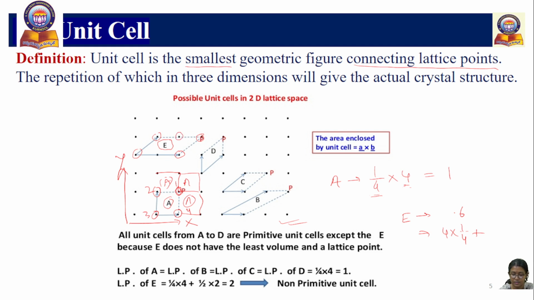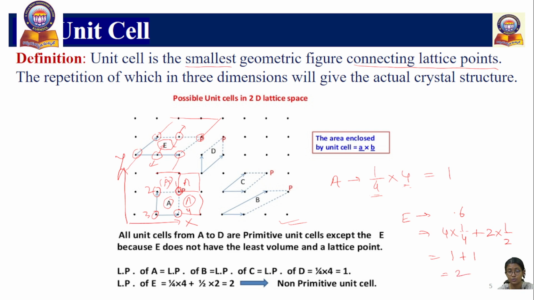Because on the edge also, 2 more lattice points are there. It is shared with the top and bottom. This one is also shared with top and bottom. So this is half shared up, shared down. This is also half shared up, shared down. So how much is the contribution from the edges? There are 2 edges and each is contributing only half. So 4 into 1/4 is 1, 2 into 1/2 is 1.